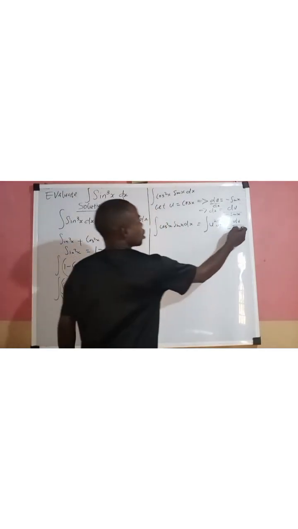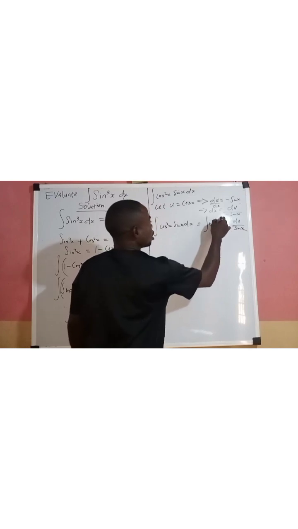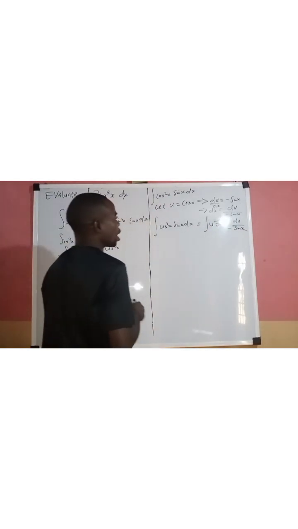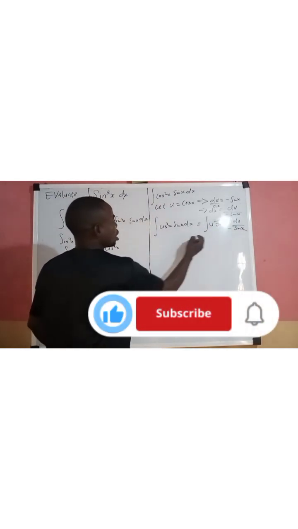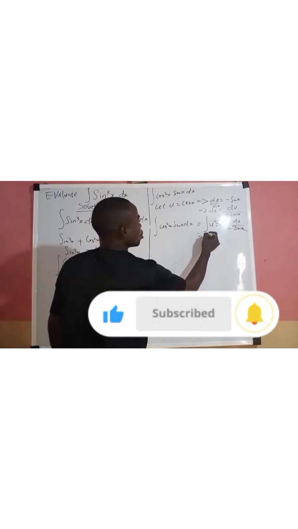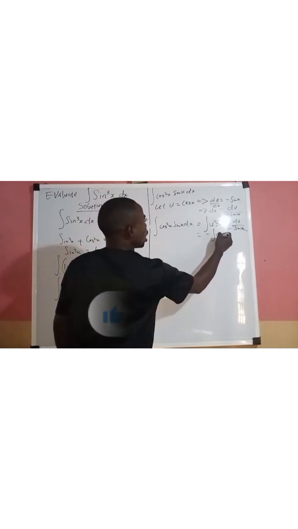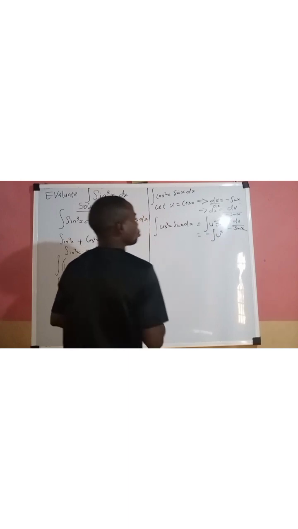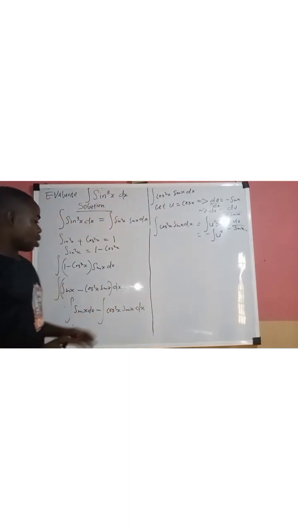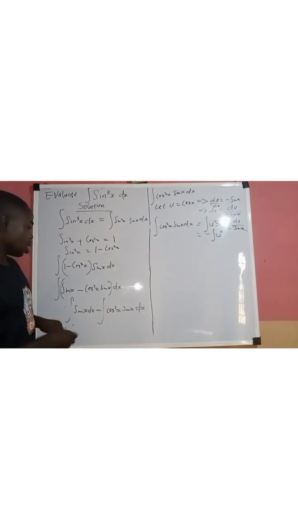Of course, we can use sine x to divide sine x. So what we now have is that this is equal to minus integral of u squared. So this is what we have, and I'm going to combine it with the other one so that we can now integrate straight.